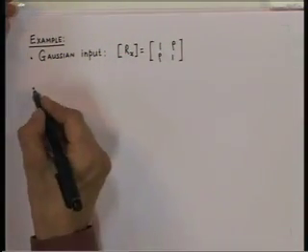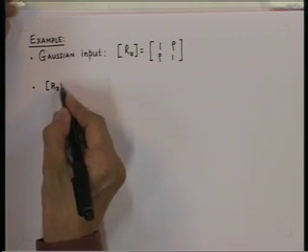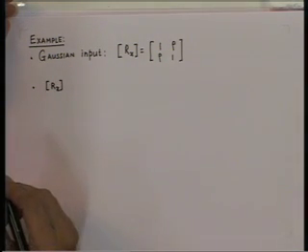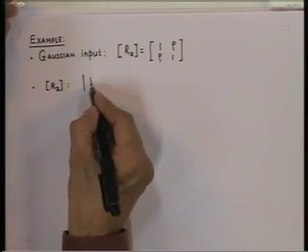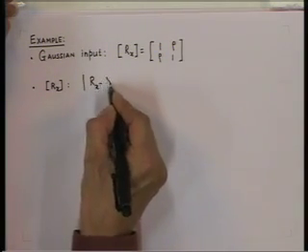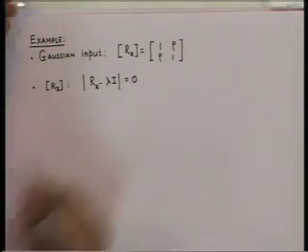Now, we can obtain the eigenvalues of R x by solving the characteristic equation, determinant of R x minus lambda I equal to 0.